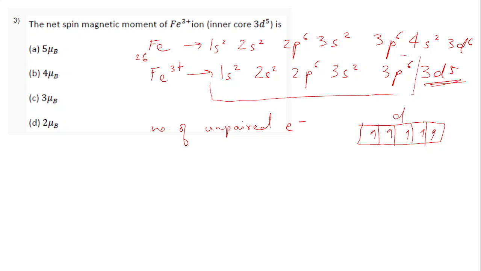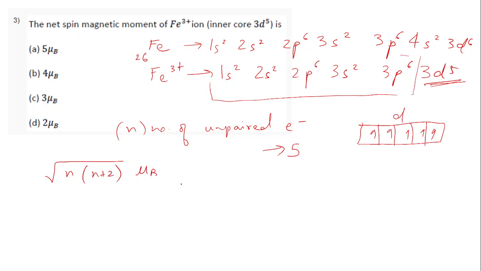We have 5 orbitals and 5 electrons, and from Pauli's exclusion principle they will be arranged like this. So the number of unpaired electrons here will be 5. Now the formula for spin magnetic moment is, if I denote this by n, then the square root of n(n+2) times the Bohr magneton.